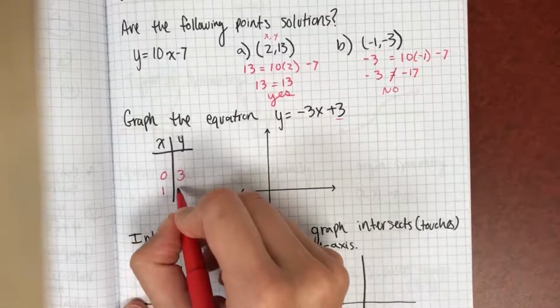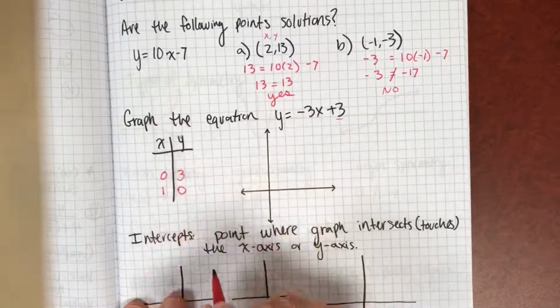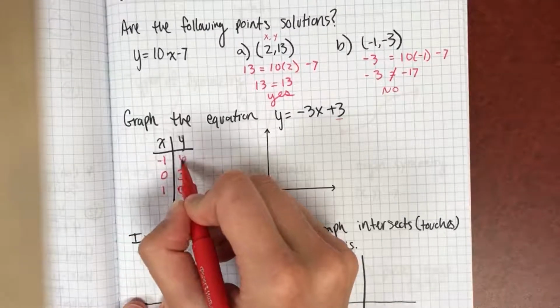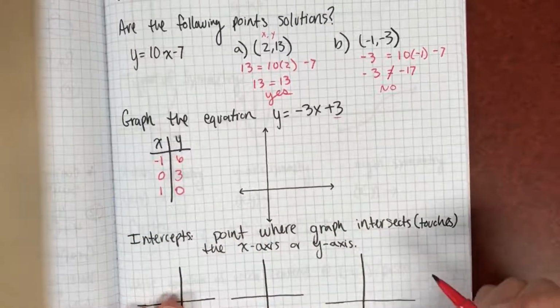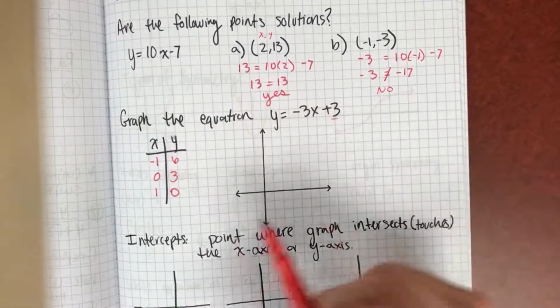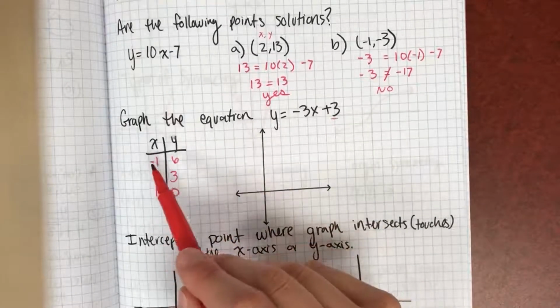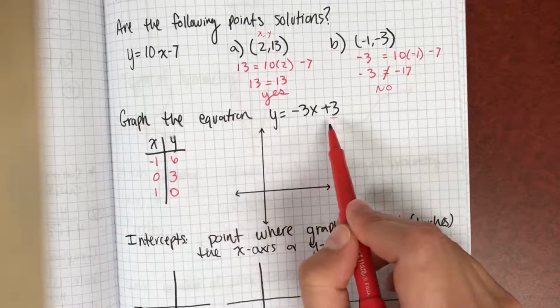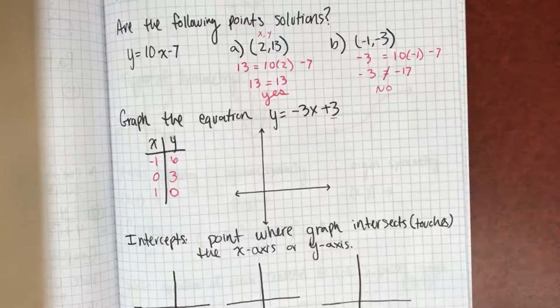So at 1, it's going to be 0. If I move backwards, at -1, we would be at 6. Again, you can always look at your graphing calculator or Desmos to help you find that table. But you can always plug in x values into your equation and find your y values.